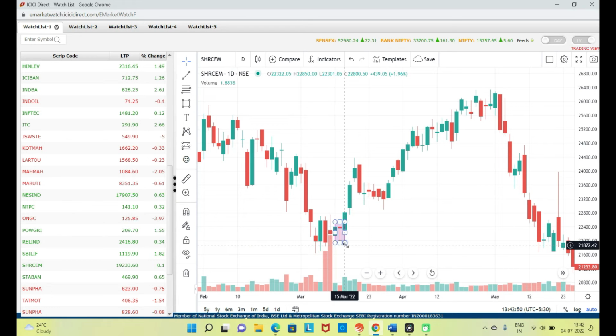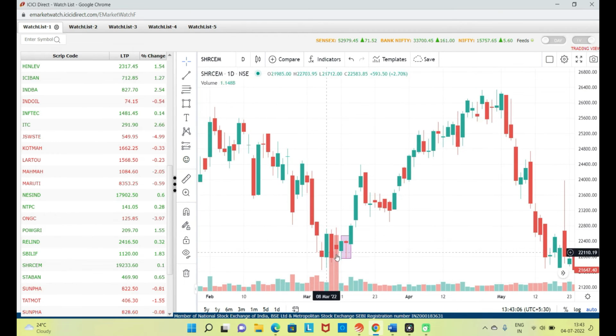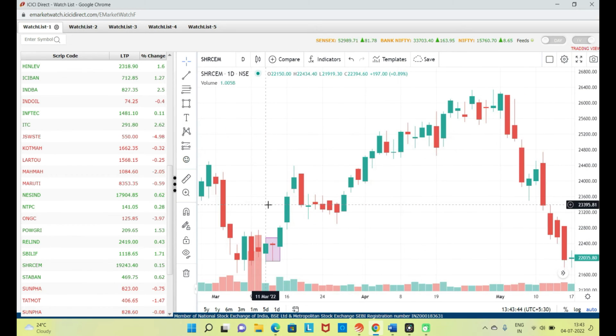It can be green or red, but it has to be formed at the bottom. Usually when it is a green candle, it gives you a better bullish side compared to a red one, but the color of the candle doesn't matter. You can find this in this candle. Let me go and check for others. Let me change the chart.